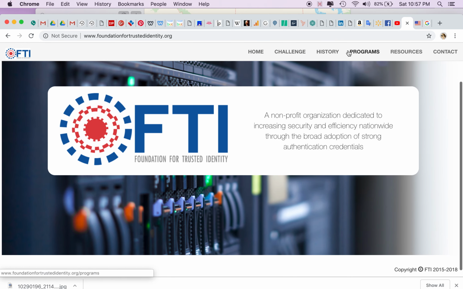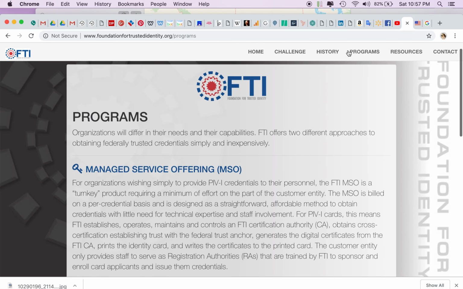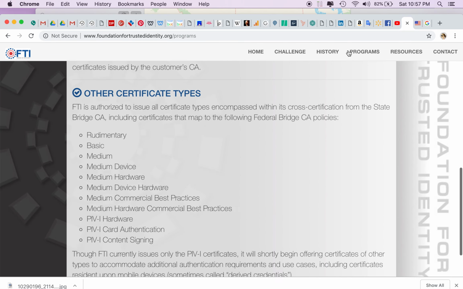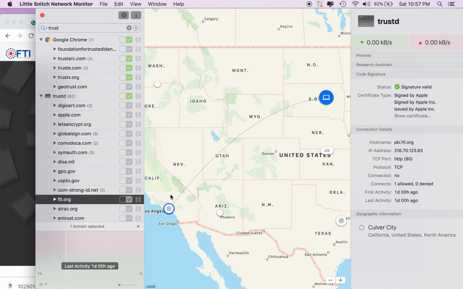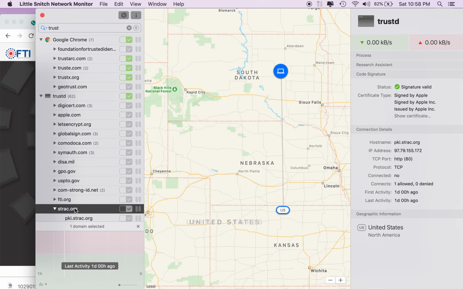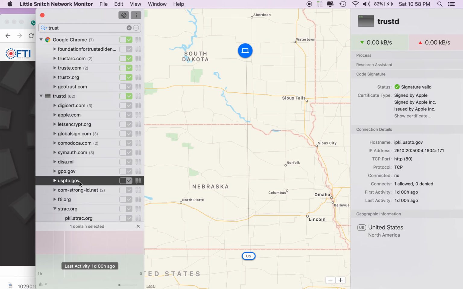Let's see who they work with. Does it say? Programs. All right, so they just distribute certificates, but that was also done at the same time. And then strac.org. Actually, hold on.